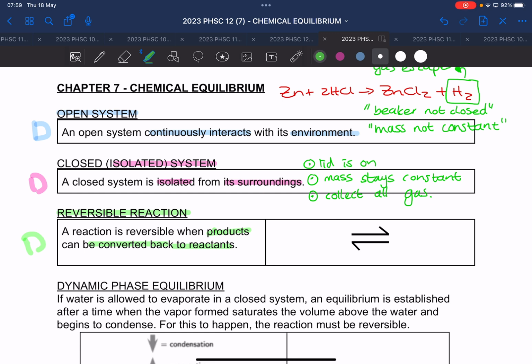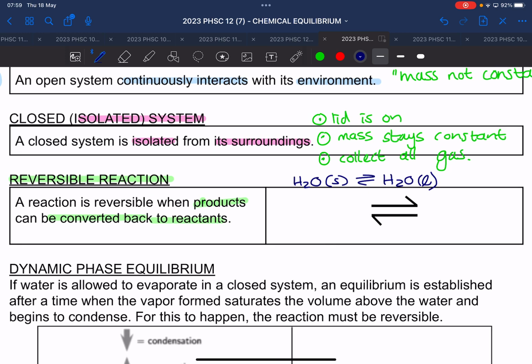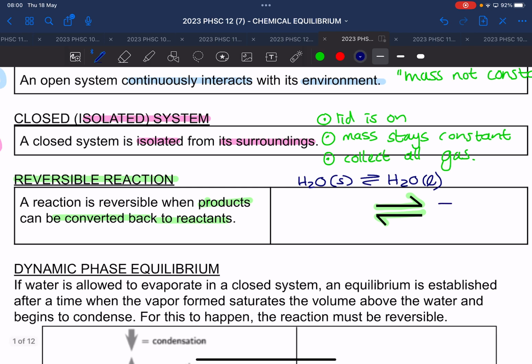One of the reactions that we have, a very easy, silly one, is where you have water solid, and then it changes into water liquid. Obviously, you can take liquid water again and make it into a solid. So you can see we show that with two arrows, one pointing forward, one pointing back. You can make it two full arrows as well if you want to.